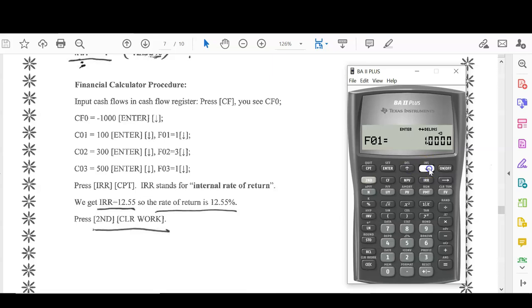Okay, we have 100, and then we have, yes, three 300s, enter, down button. Cash flow 3 should be 500, enter, down button, frequency 1, okay, down button. No cash flow 4, no frequency 4. Come back to cash flow 0, that's all we have here. Press IRR, compute. So we know the rate of return is 12.55%.